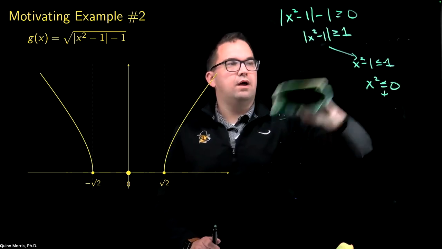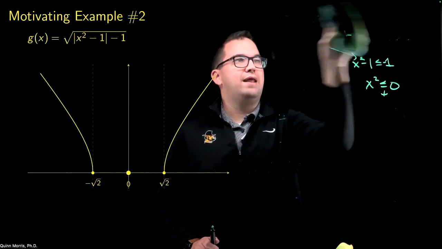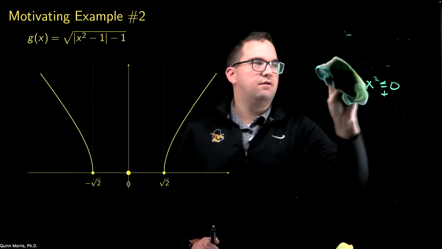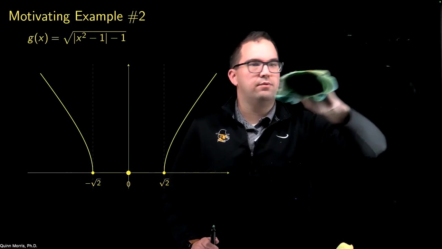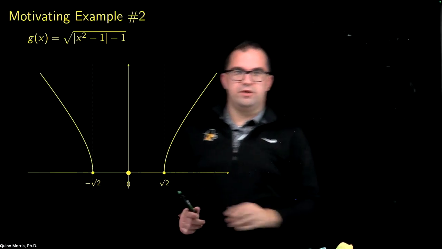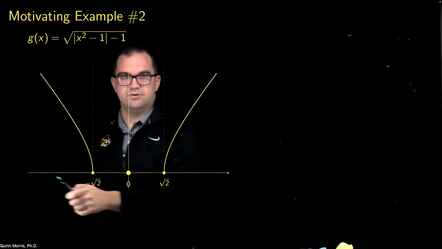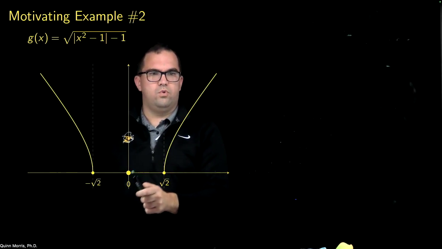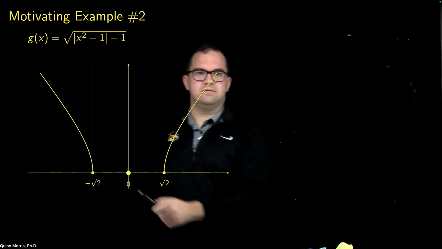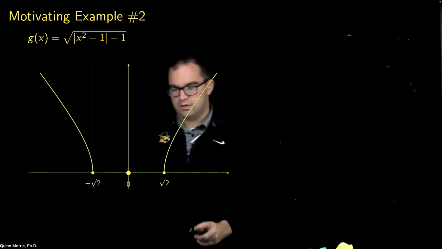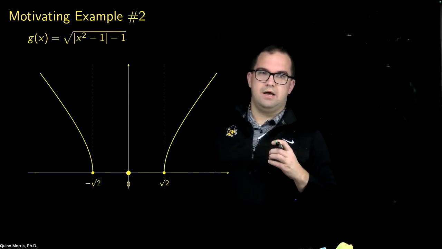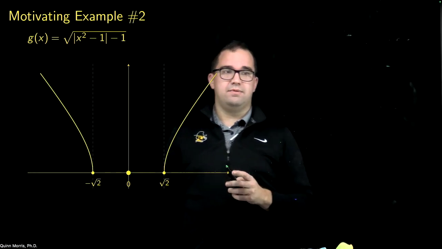Okay, so now we could wonder, at what x values in the domain of this function do we have continuity? Well, you probably feel pretty good that at any of the x values over here, I have continuity, and at any of the x values over here, I have continuity. What about this point?